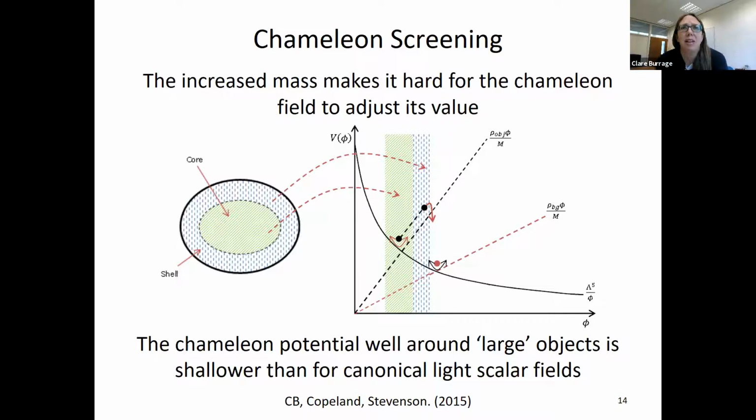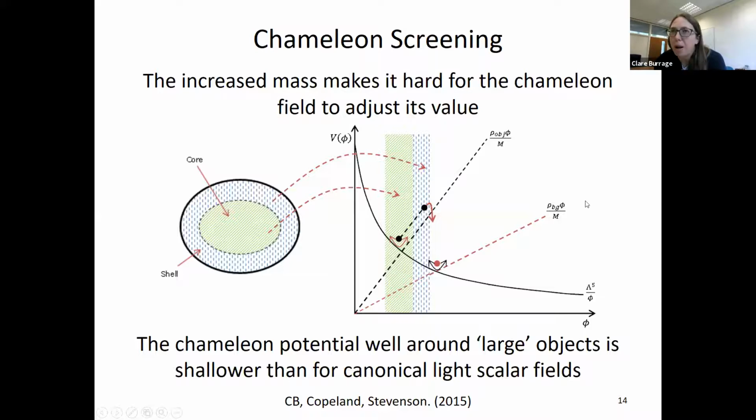On the right hand side here is the sketch of the potential as a function of the scalar field that we've been talking about. The solid black line is our inverse power law potential, the bare potential. If there were no matter in the universe, the field would just evolve and run down that potential until eventually it freezes in at some point.